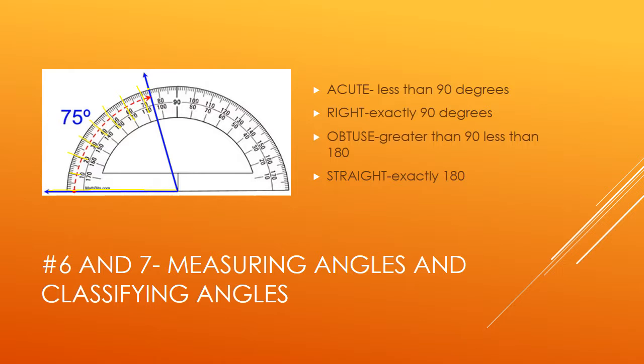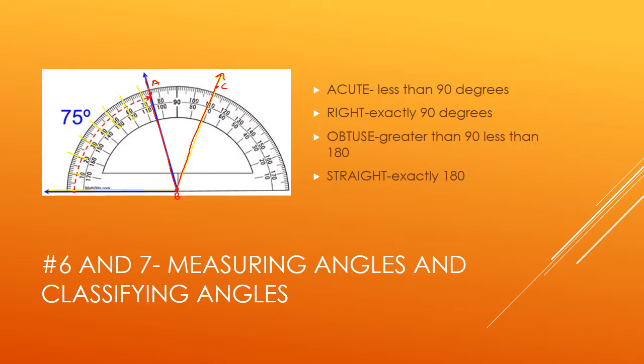Well, what happens when they draw something like this right here? Now you have to measure that angle in between. So now it's asking me, let's label this A, B, C, what's the measure of angle ABC?